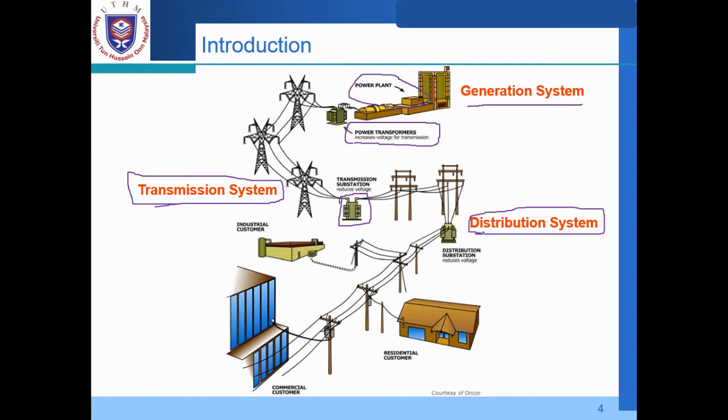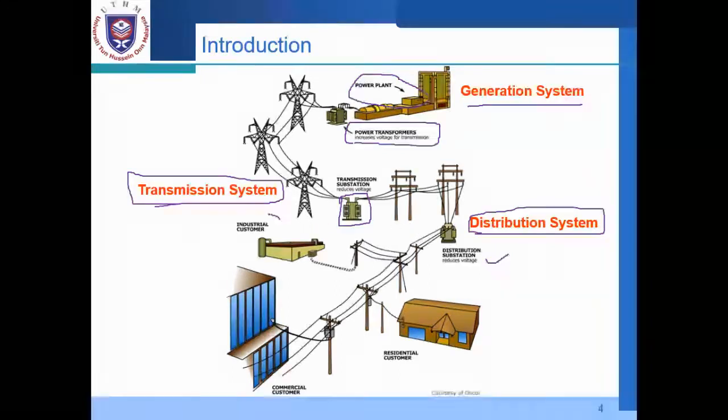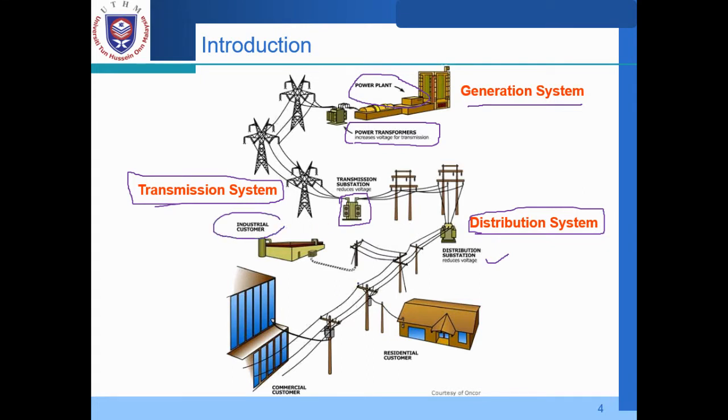Okay. So from this distribution substation where we reduce the voltage, we distribute again the electricity to the industrial customer. So we do have the residential customer as well as commercial customer.